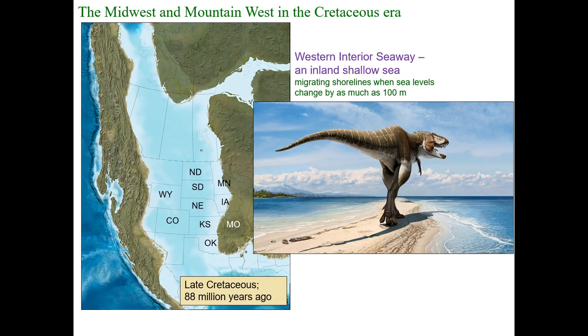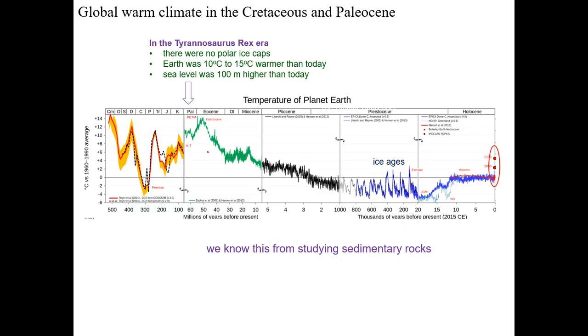For example, the North American interior, we think, used to be an inland sea at different points. And why is that? Well, it's because here in Wyoming and in Montana, we find coastal and shallow marine deposits. Something that you would find at a beach, not at the Great Plains. So we get all these indications about how the Earth has changed over the years through sedimentary rocks.